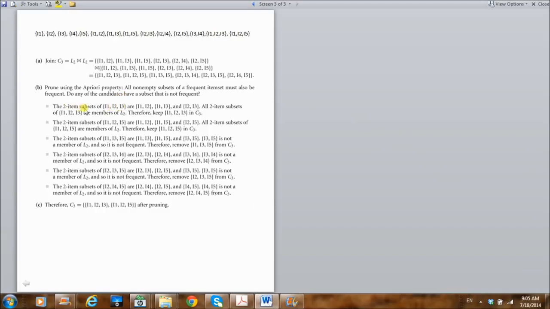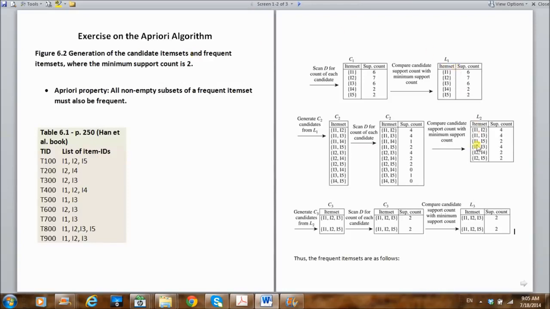The 2 item subsets of I1, I2, I3 are {I1, I2}, {I1, I3}, and {I2, I3}. Our level 2 item set includes {I1, I2}, {I1, I3}, and {I2, I3}. So all the subsets of {I1, I2, I3} are frequent, as shown in the level 2 item sets, so we include {I1, I2, I3}.